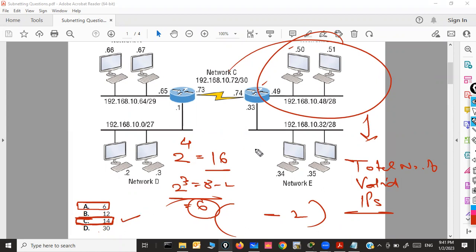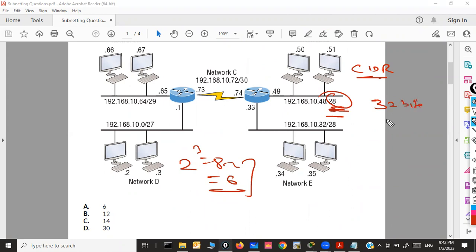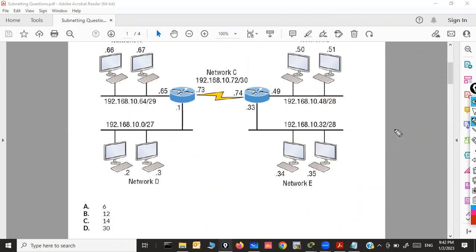Yes, correct. So you did one calculation wrong here. 2 raised to the power 3 is 8 minus 2, that comes to 6. It's all good. But if you look at the CIDR notation, the network bits given here is 28, and the mask means 32 bits. From the question itself, it is very clear that network bits is equal to 28.